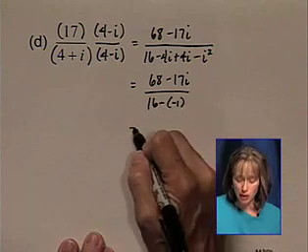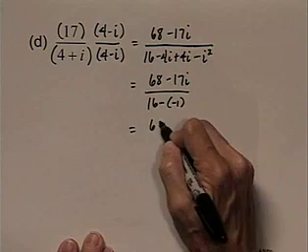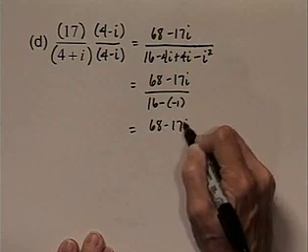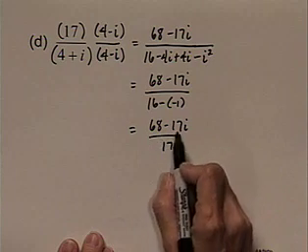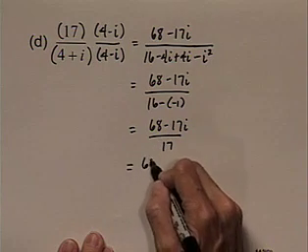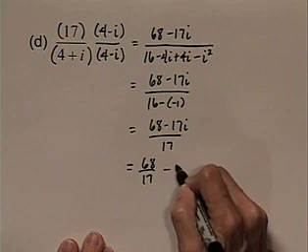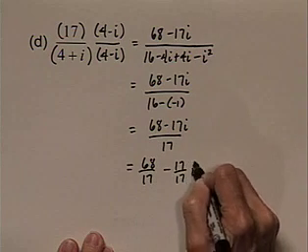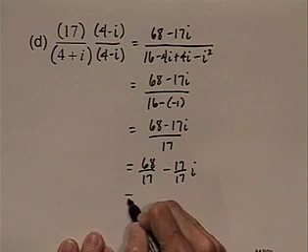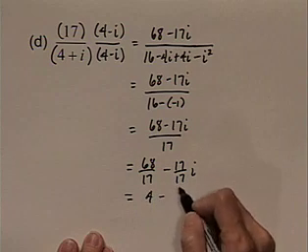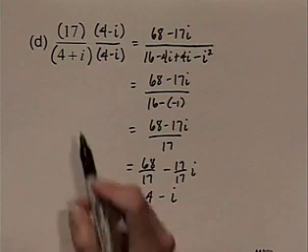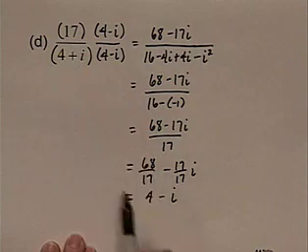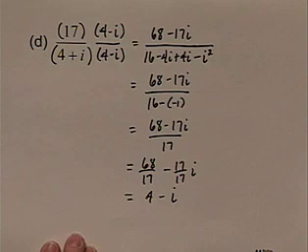So the denominator is going to simplify to 17. And to simplify further, consider 17 divided into each part of the numerator. 68 divided by 17 is 4. 17 divided by 17 is 1. The result of this division is the complex number in standard form 4 minus i.